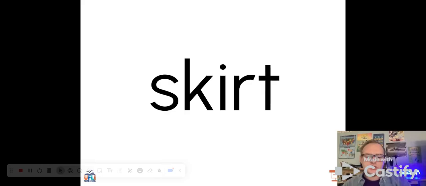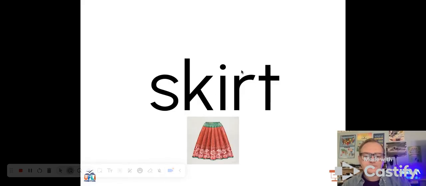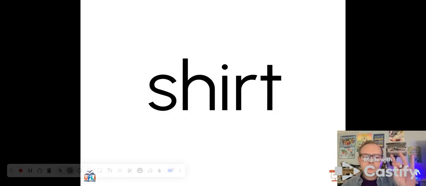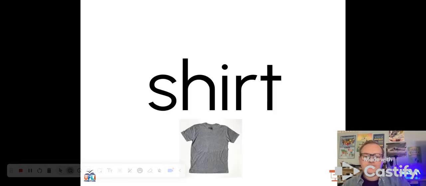Skirt. Remember that IR spells ER. Next one is shirt.